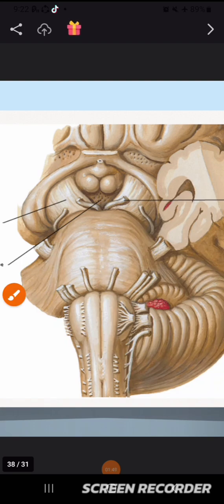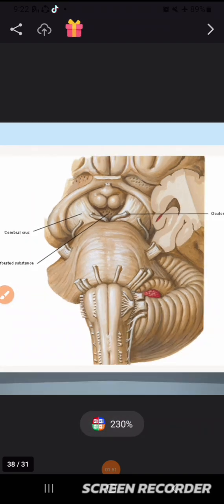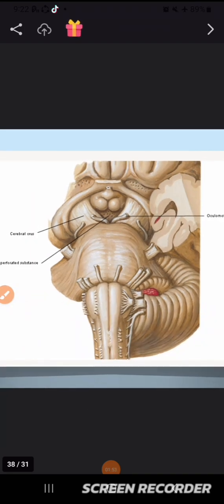Also, it supplies the ciliary muscle and constrictor pupillae muscle. So, the third and fourth cranial nerves emerge from the midbrain.